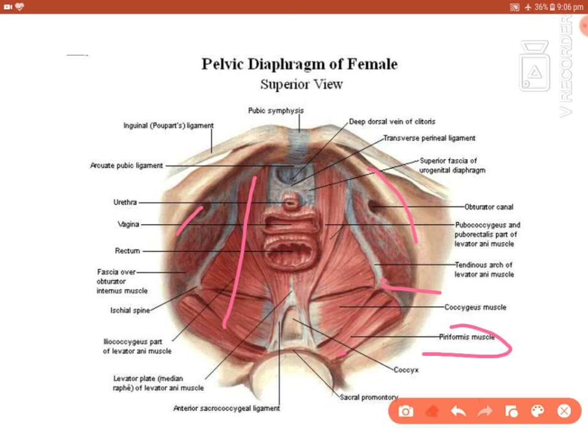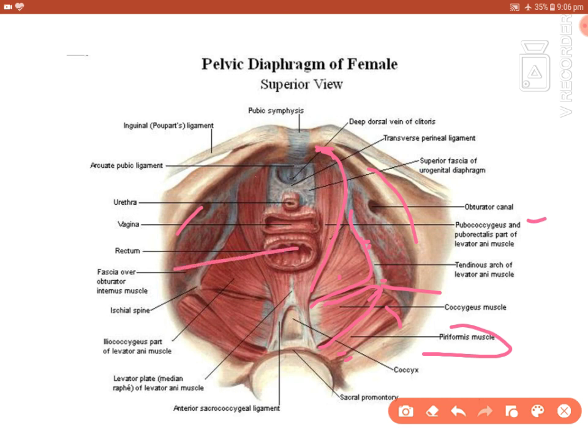This levator includes, anteriorly, the muscle from the posterior surface of the pubis, that is the pubococcygeus. From the ilium, this is the iliococcygeus. This one is the ischiococcygeus or coccygeus. This is the piriformis. So this forms the pelvic floor.